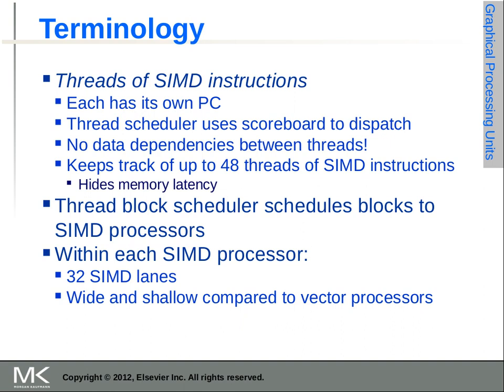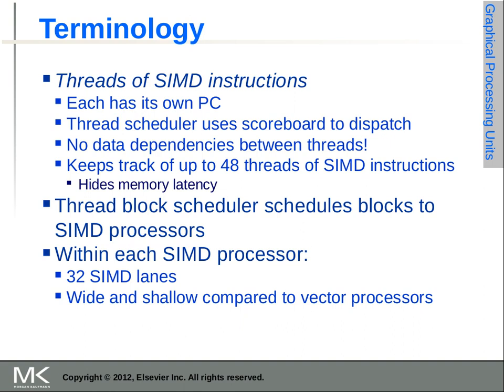Because of data dependencies. There are no data dependencies. That's the advantage that GPUs take advantage of, the fact that you don't have data dependencies between threads, so it doesn't have to do any checks.